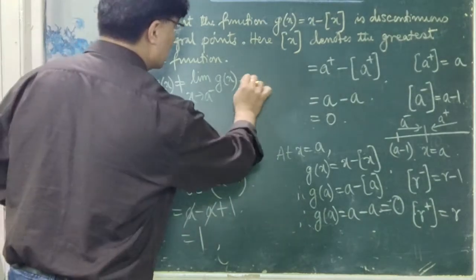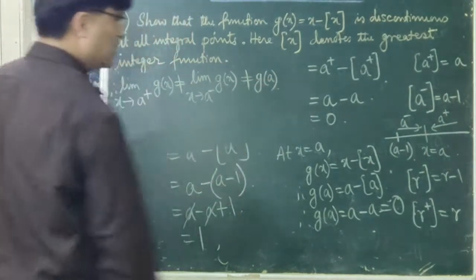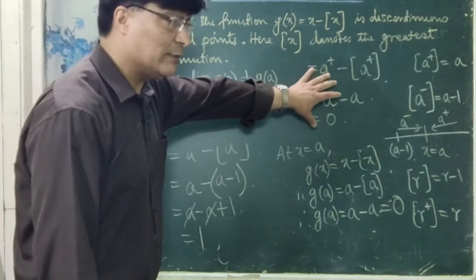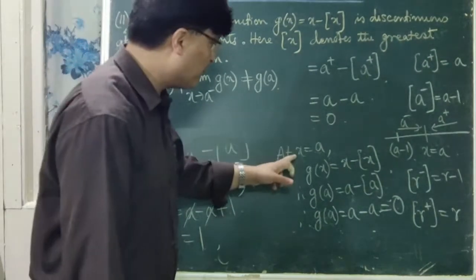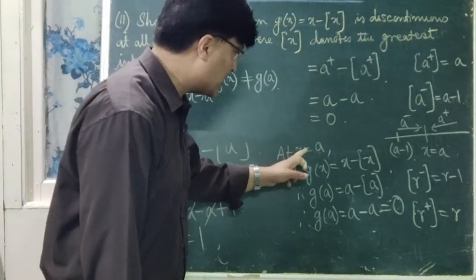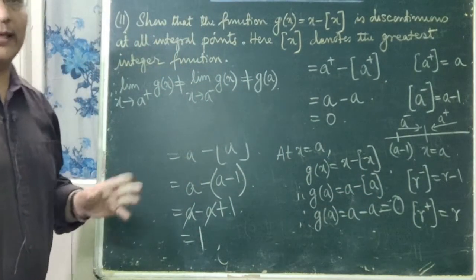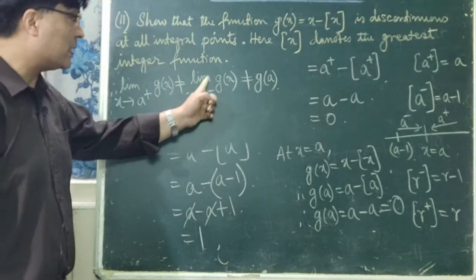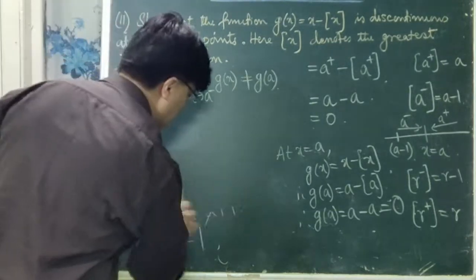So it is not equal to what? It is not equal to g of a. The right hand limit was 0, left hand limit was 1, and the value of g of x when x is exactly equal to a, g of a is equal to 0. So all these are not equal. That is, right hand limit not equal to left hand limit not equal to g of a. Therefore the function g of x is discontinuous.